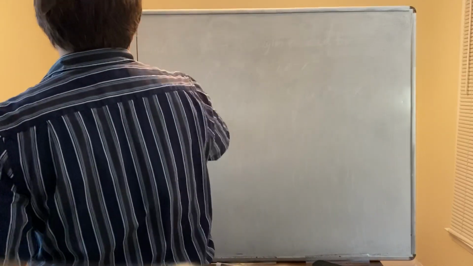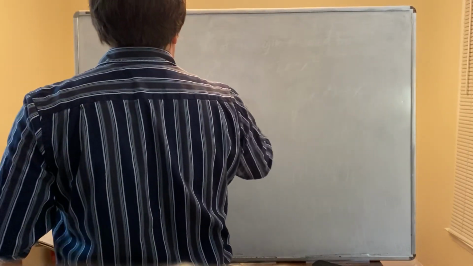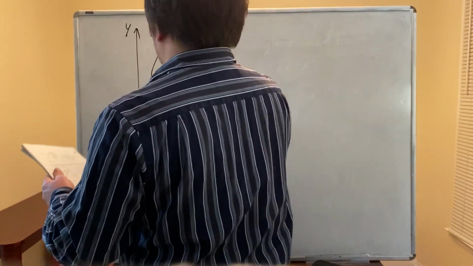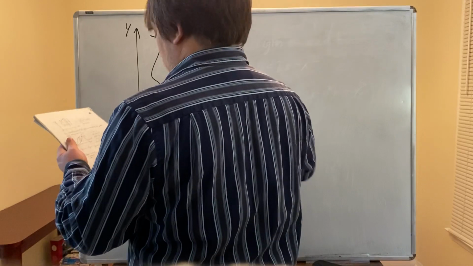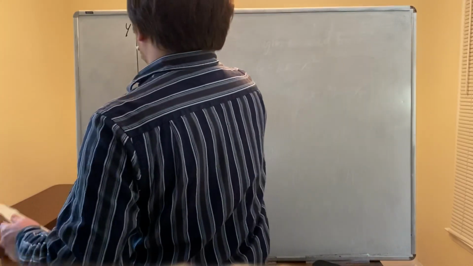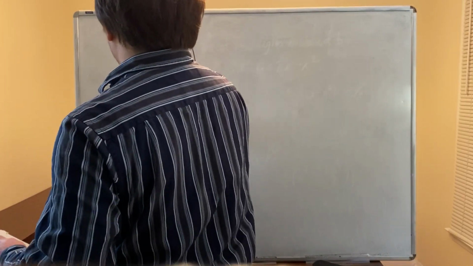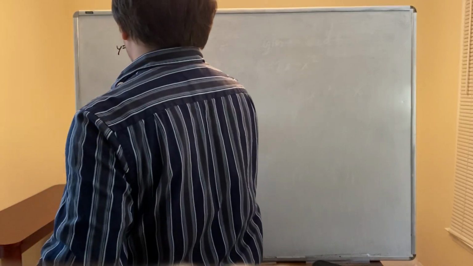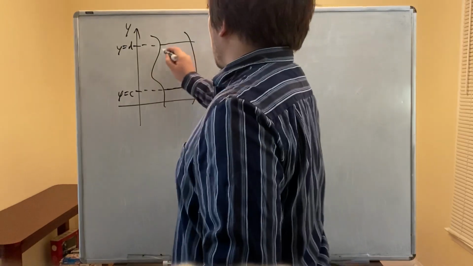Okay, so now let's draw another picture. Here, we're going to look at a different type of function. Let's say this is y equals d and this is y equals c, that horizontal line and that horizontal line. Now let's look at this region here.